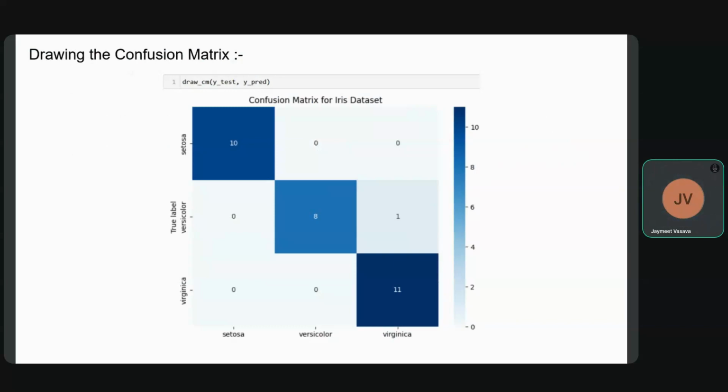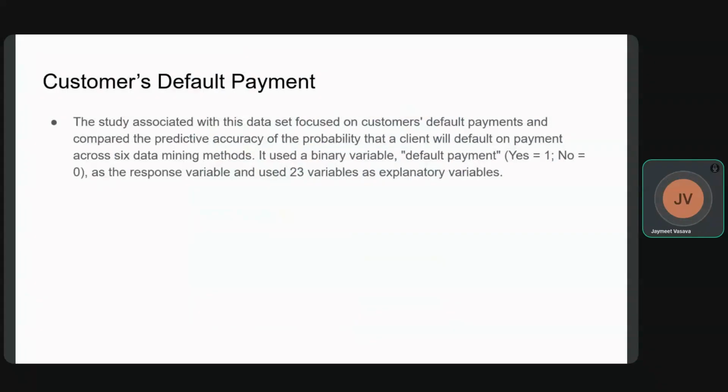Now, this was for the iris dataset. The next dataset that we are going to use is for customers' default payment.